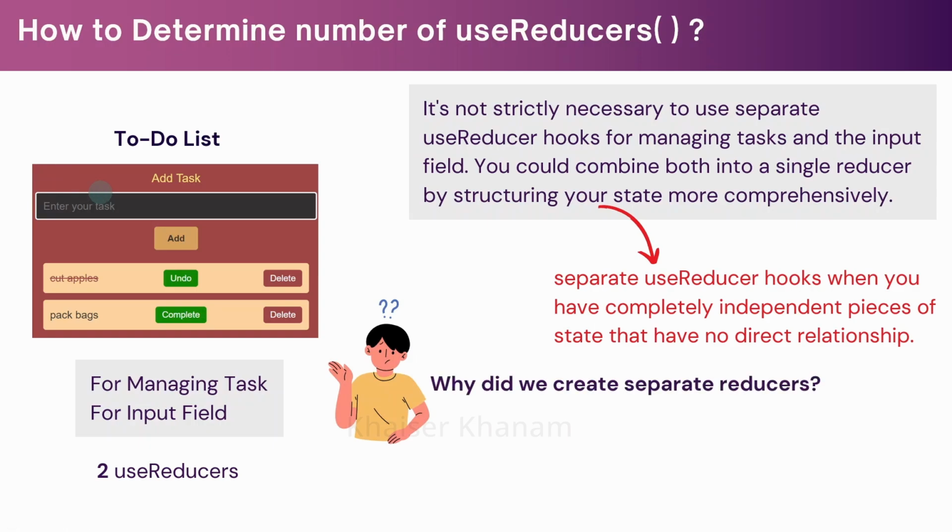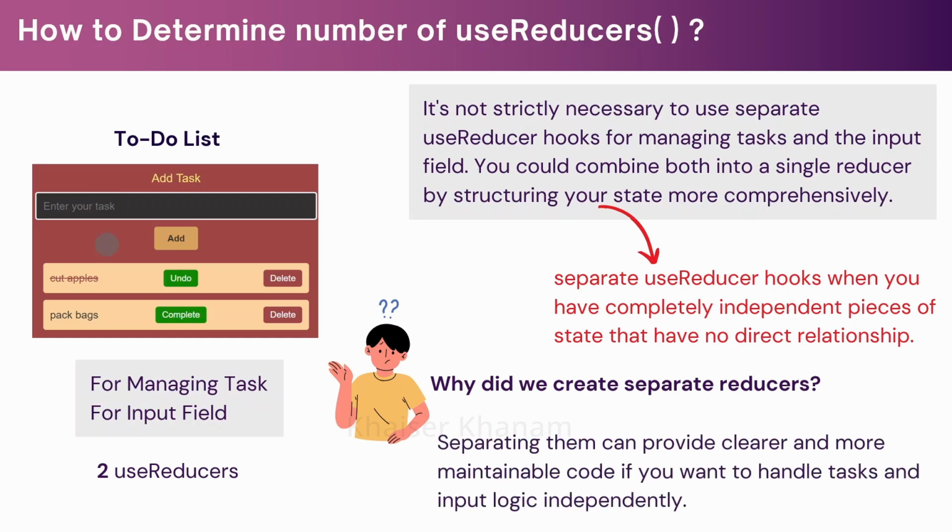The first answer I have given you: whenever you're working on a project, you should understand how to create a separate reducer. And second, when we have a lot of input fields, we can manage those input fields inside one separate useReducer so that our code will be cleaner and we can easily maintain it.